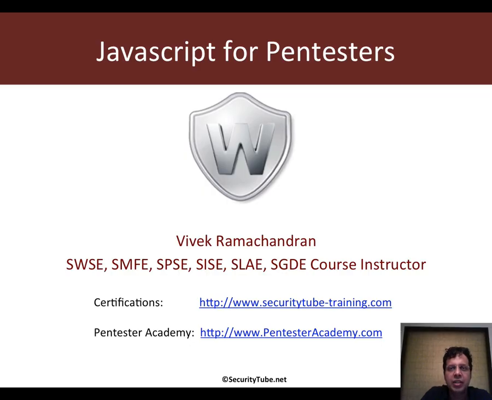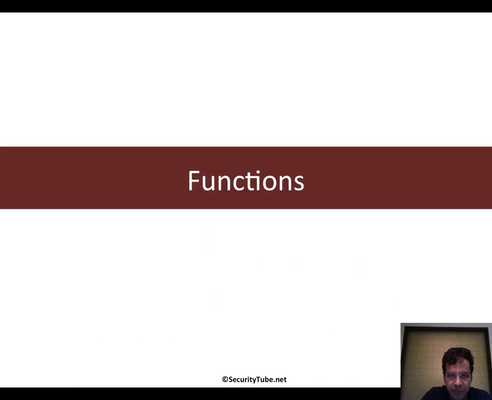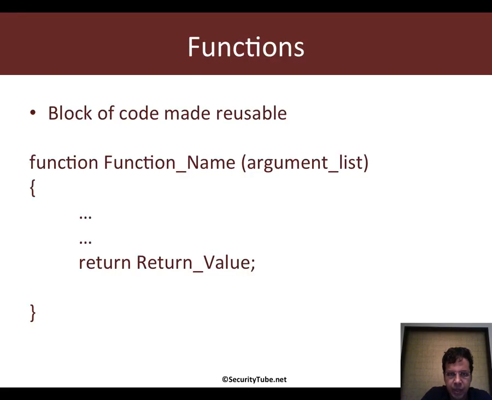Welcome to the JavaScript for Pentesters course and Pentester Academy. Now in this video, we will look at functions in JavaScript. Now, very simply put, a function is nothing but a reusable block of code which can be called from different parts of the program.